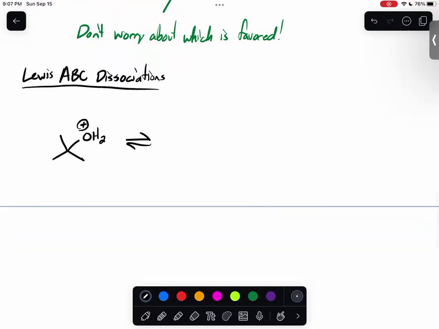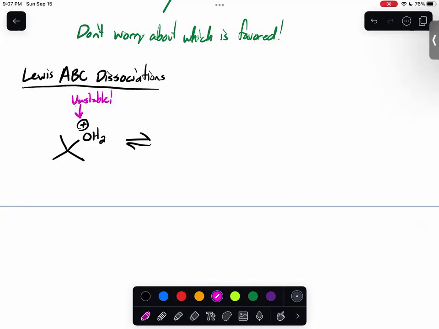Because we currently have an oxygen with a positive charge, which is relatively unstable, right? Oxygen is very electronegative. It wants electrons. So essentially, a dissociation reaction is going to give an oxygen some electrons in this case and take them away from something else.